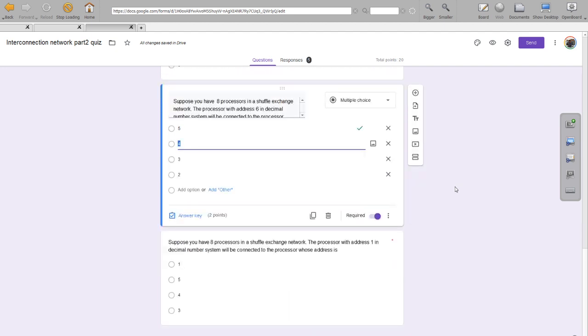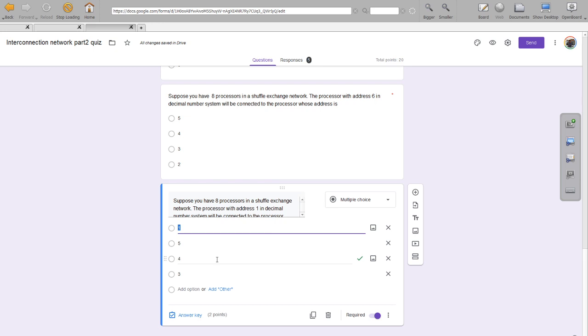Now, last question. Suppose you have 8 processors in a shuffle exchange network. The processor with address 1 in decimal number system will be connected to the processor whose address is 4.